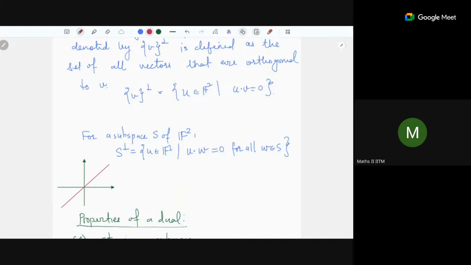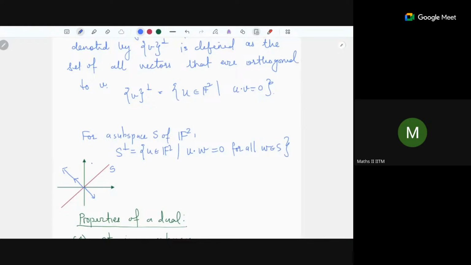Now what is S perp? S perp is precisely the set of all vectors which are perpendicular to S. So this is my S. What is the set of all perpendicular vectors? This vector is perpendicular. Any vector in this direction is also perpendicular. Similarly, this vector is also perpendicular, and so on.